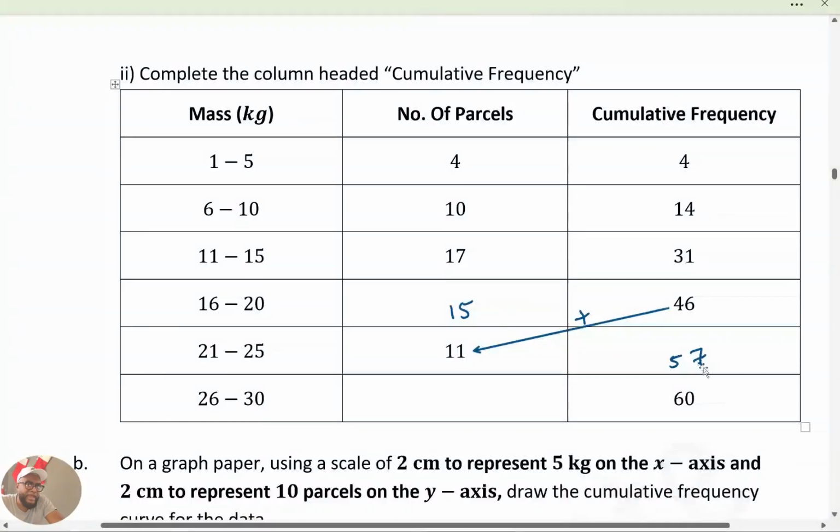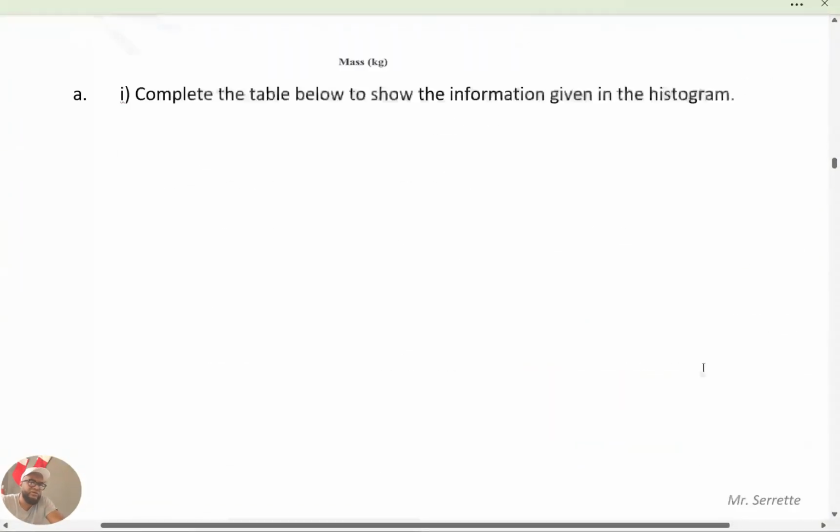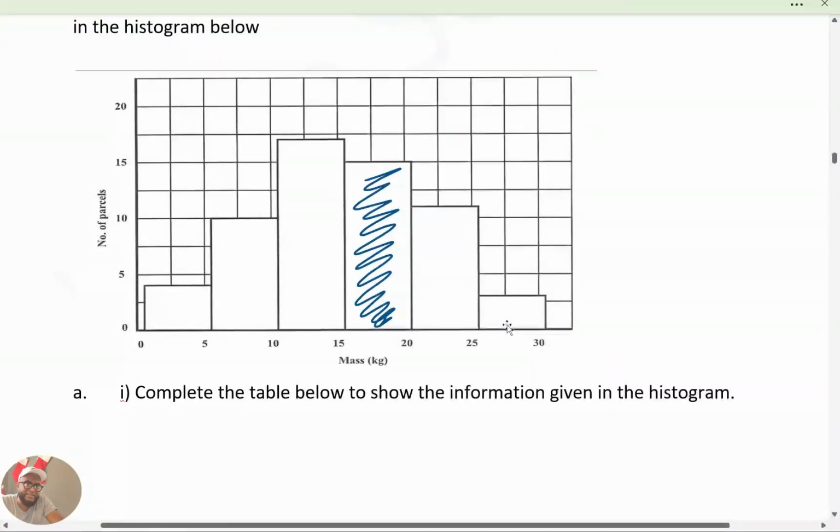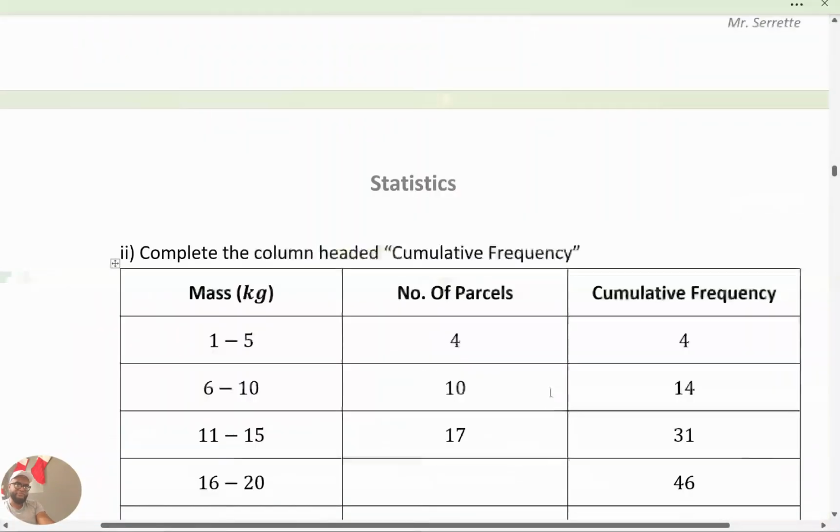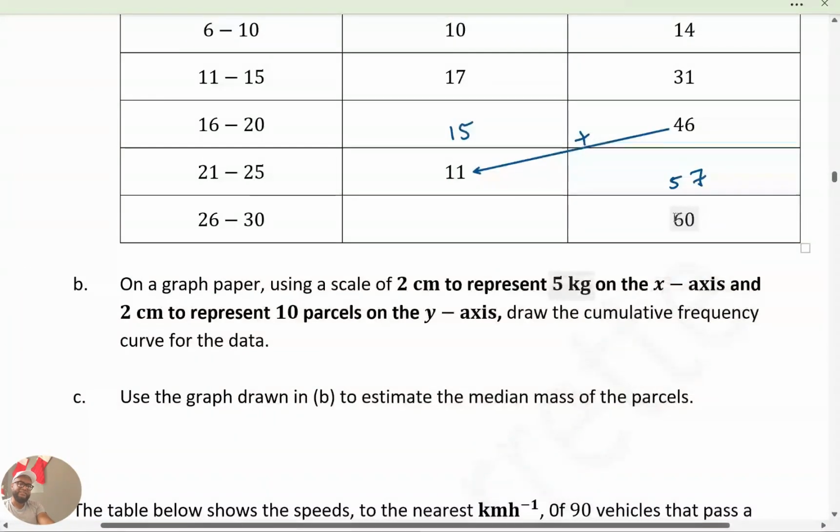And then what will be my number of parcels, or the height of the bar for 26 to 30? What is the height of the bar from 26 to 30? What is it looking like there? Anybody? You can actually calculate it underneath too. You can calculate it here. You can do this cumulative frequency minus this one above here, and what will you get?